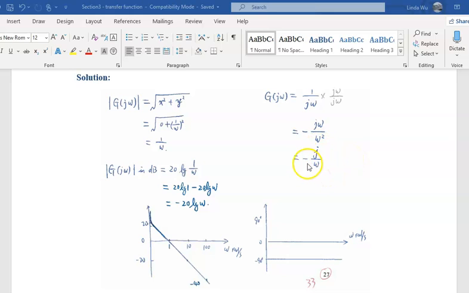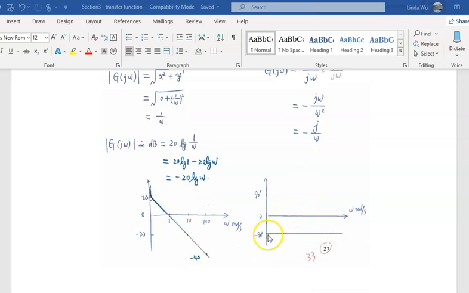Because of this negative sign, we always have negative 90 degrees. In the complex number system, with x and y, positive 90 degrees goes up and negative 90 degrees goes down. So this is negative 90 degrees.